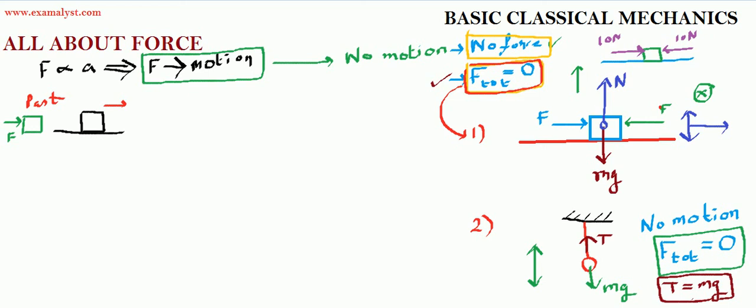And that tension balances the mg, and then you say that, hey, look, total force is zero and there is no motion. So the birth of normal reaction and the birth of tension all came from the fact that the total force has to be zero when there is no motion. This is for sure. Agreed?